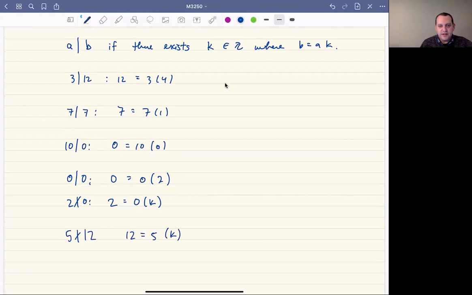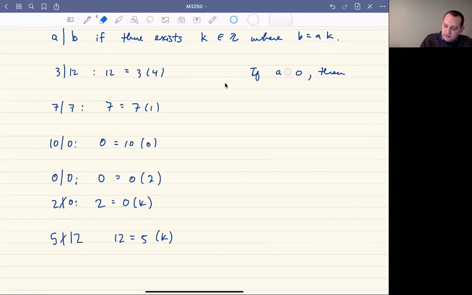If you avoid this 0 dividing 0 business, one thing you can say is that, as long as a is not equal to 0, a divides b if and only if b over a is an integer.